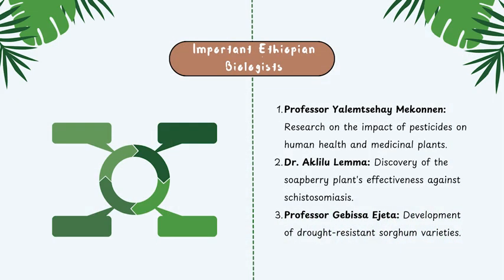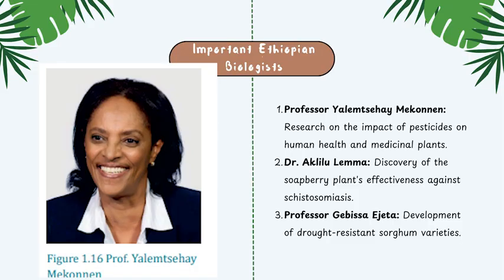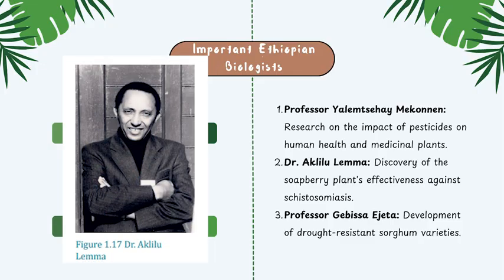Let's now celebrate some of our own heroes in science. Ethiopian biologists who have made remarkable contributions. Professor Yalemtsehay Mekonnen has done important research on how pesticides affect human health and also studied medicinal plants. Dr. Aklilu Lemma discovered that the strawberry plant could fight schistosomiasis, a dangerous parasitic disease, and his work saved many lives.